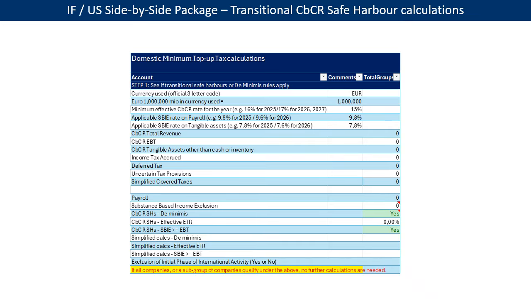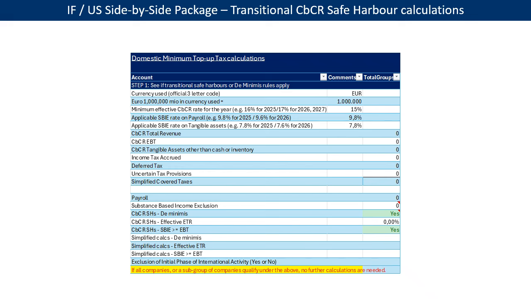You will fix your currency, you will take the applicable percentages for the substance-based income exclusion wages and for the tangible assets. You will see if you qualify for any of the safe harbors, and if you do, you're done. You have very few lines to fill in for that jurisdiction, and this simplicity carries over into your QDMTT return.